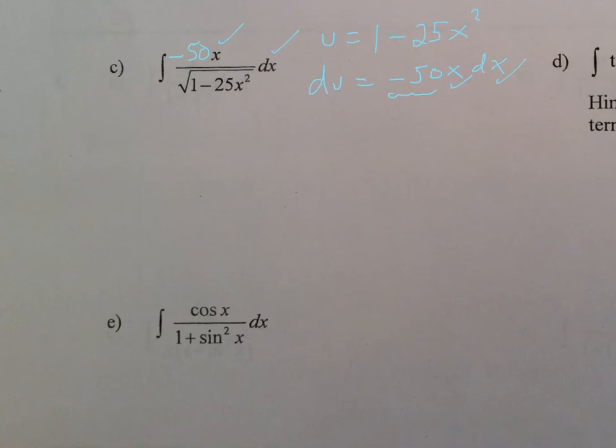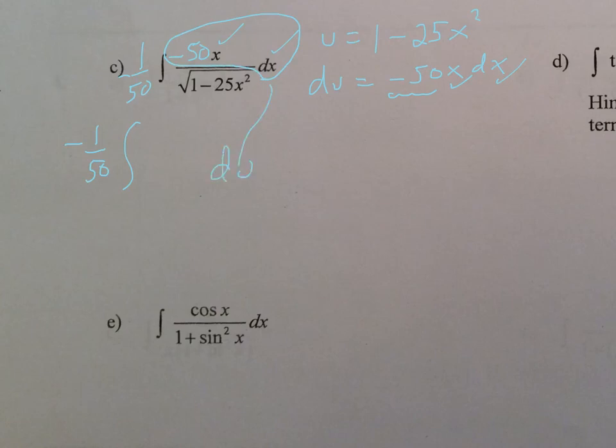You can't insert a variable, but you can insert constants, which I think you probably understand by now. So a reciprocal needs to compensate for what you put in. So I'm going to have negative 1 over 50. The 3 terms here again, they all take care of du.